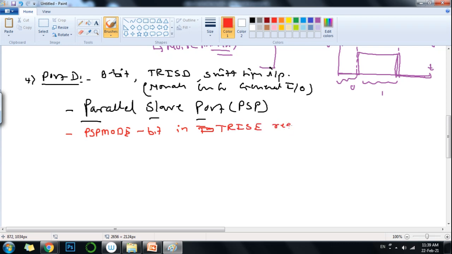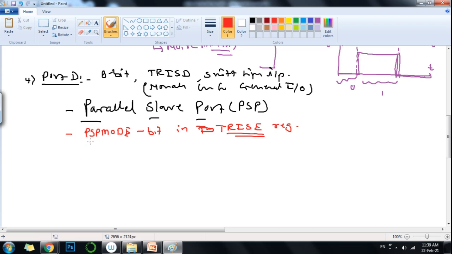Actually, the TRISE register is associated with port E. We are going to discuss port E after this, and it is normally used to set port E as input or output port. But some of the bits of the TRISE register are used for other functions.